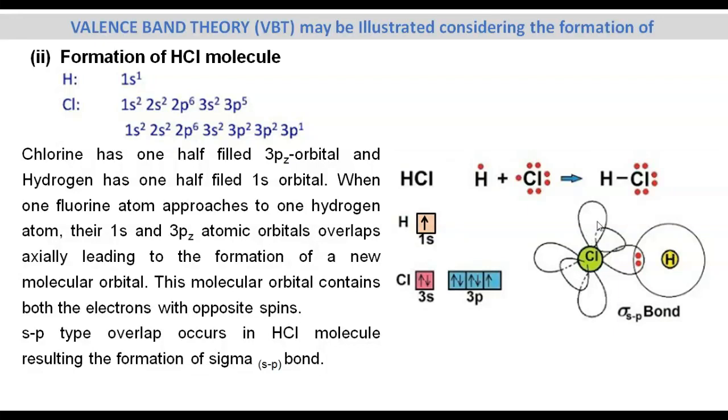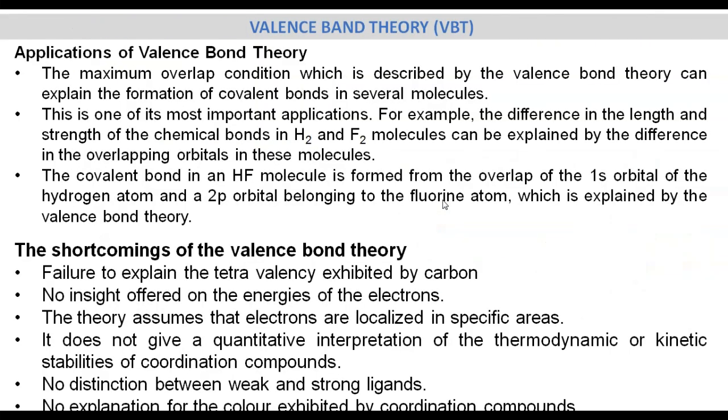This is how the HCl molecule is formed, just by overlapping of the unpaired electron present in the orbital of each of the participating atoms, H and Cl. So this is how things work.